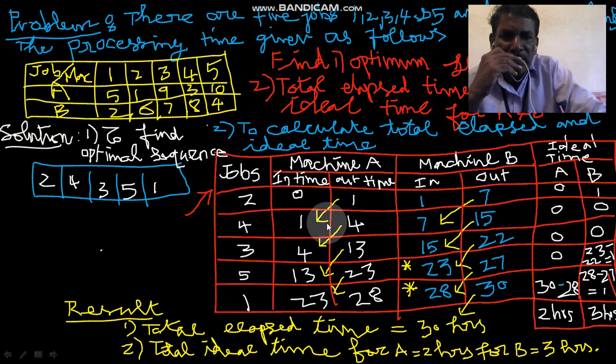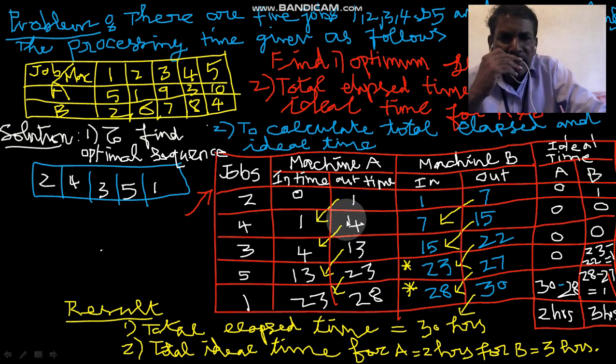Out time becomes the in time for the second in sequence, that is the 4th job. The 4th job comes here for machine A. The time taken to finish that is 3 days. With 3 days you add this, and you get 1 plus 3, 4 days.